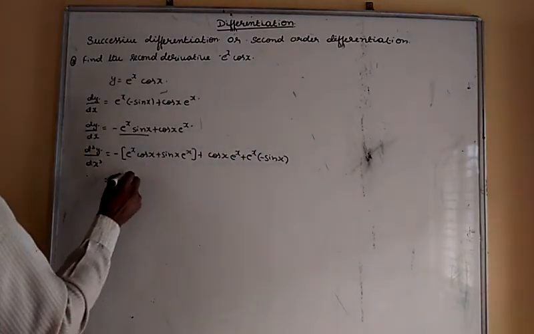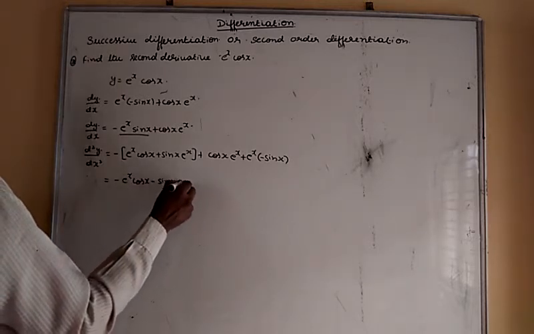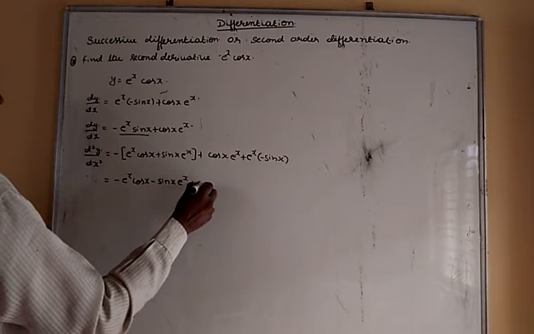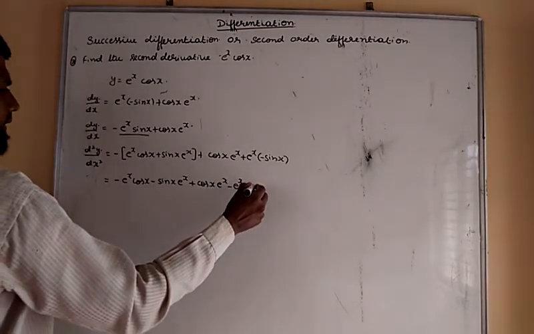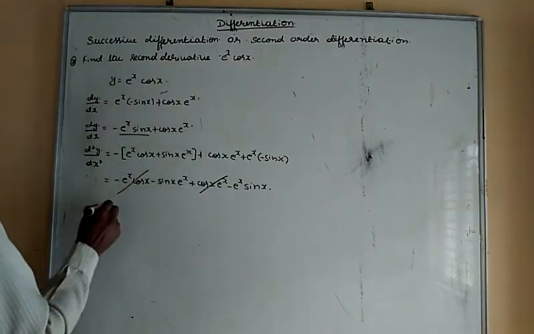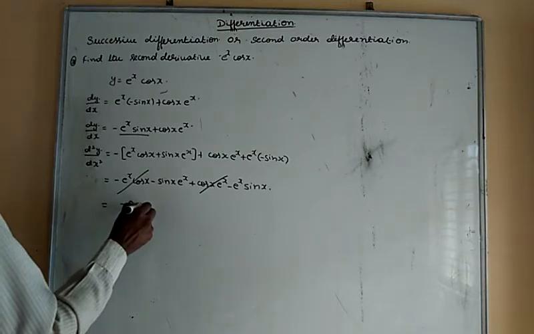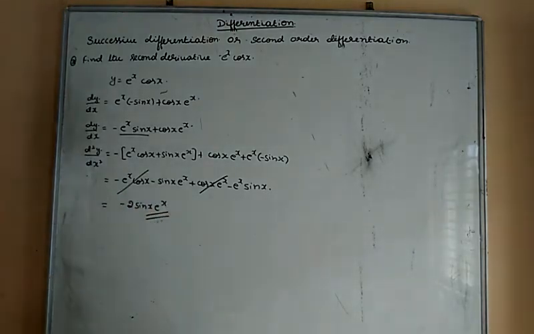Then minus e to the power of x cos x minus sin x e to the power of x, then plus cos x e to the power of x minus e to the power of x sin x. Then if you cancel this and this, then minus 2 sin x e to the power of x is the answer.